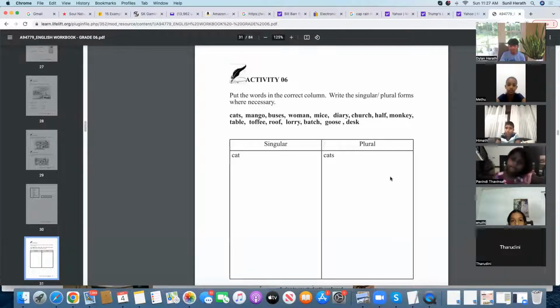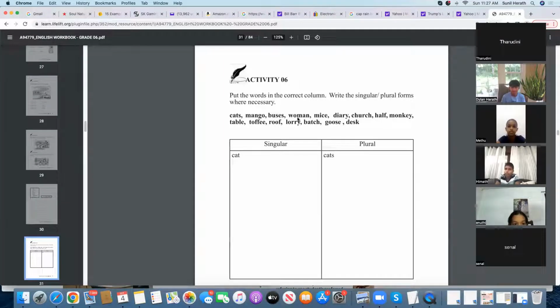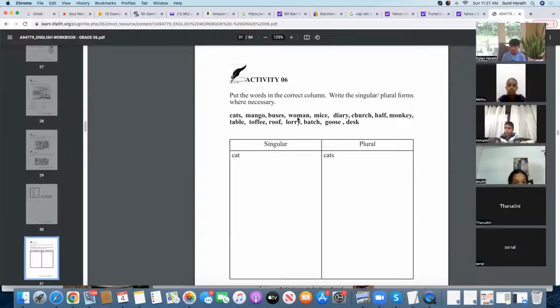The next word is woman. Pravindi, is this singular or plural? Singular. Yes, thank you. Senal, this would not be plural, but does anyone know the plural version of woman?